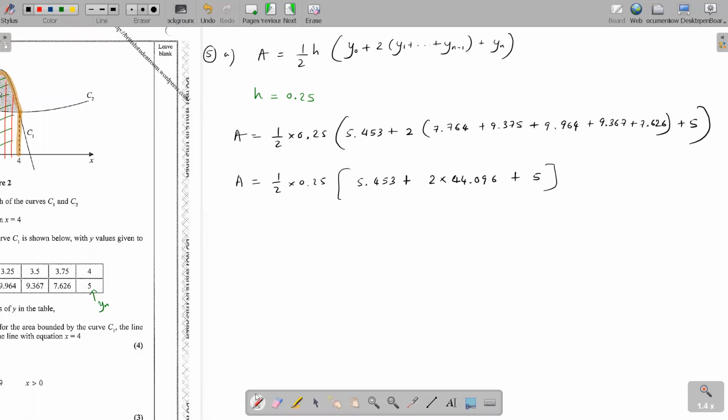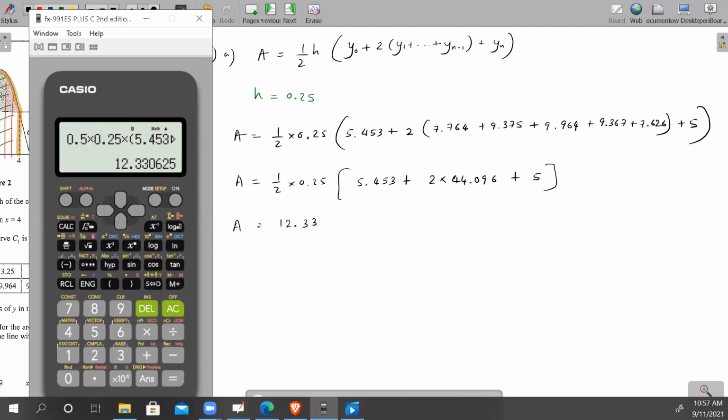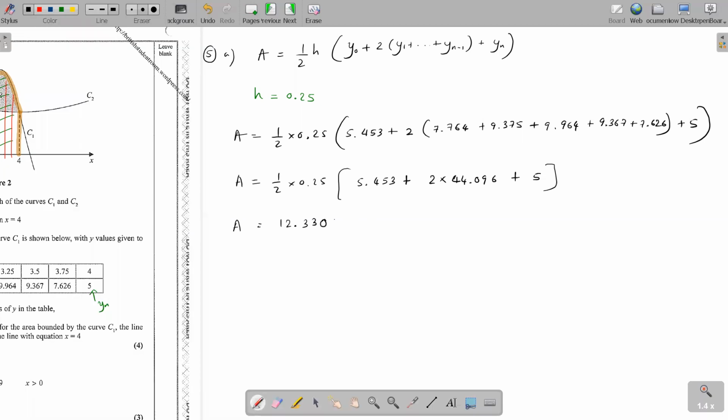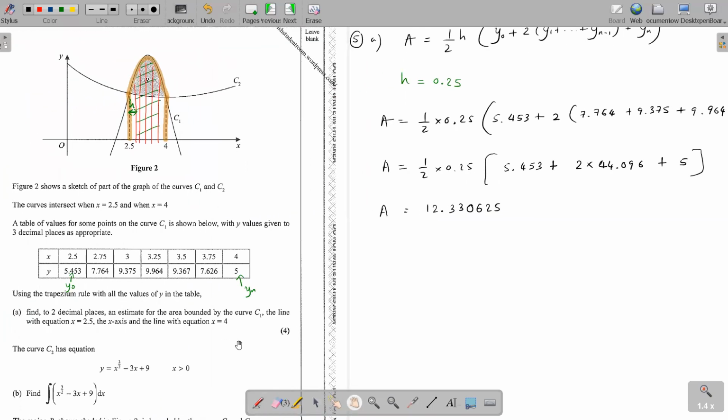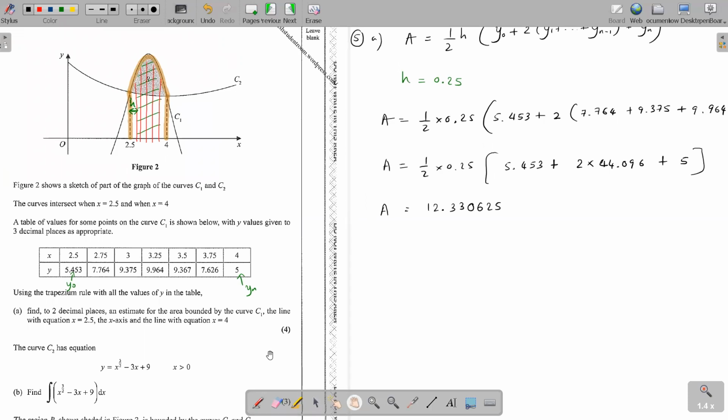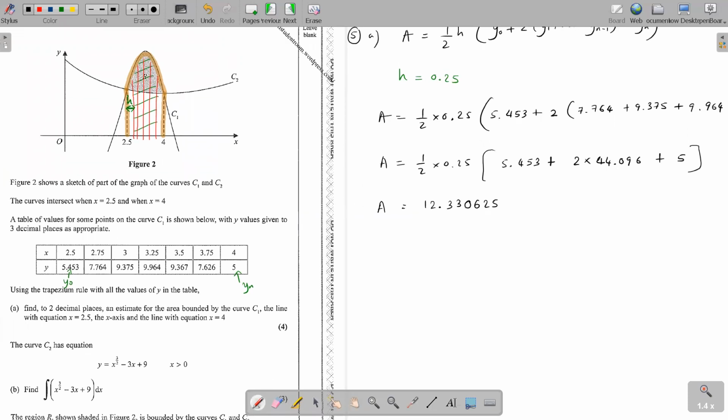So area equals 12.33. Let's get a few more decimals: 12.330625. So how many decimals have they asked us for? Find, to two decimal places, an estimate for the area. So to two decimals, the area equals 12.33.